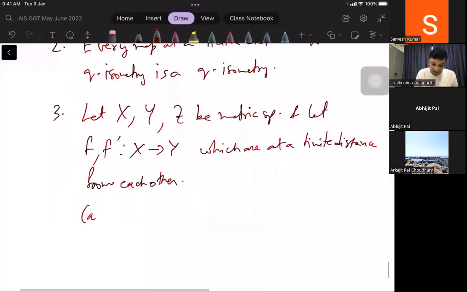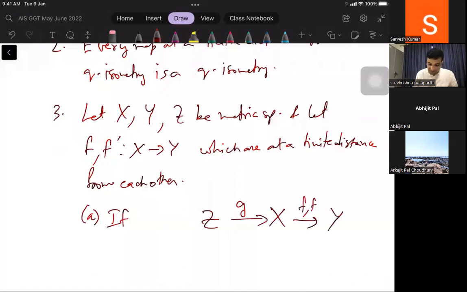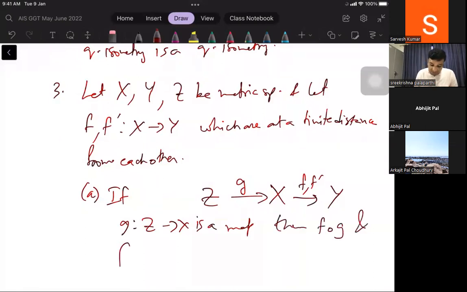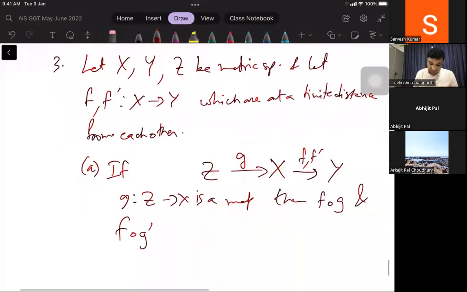Firstly, if g from Z to X is a map, then f composed with g and f prime composed with g will be at a finite distance from each other.